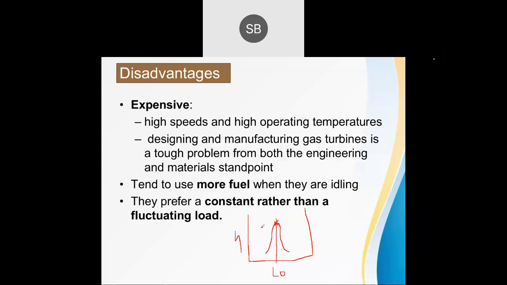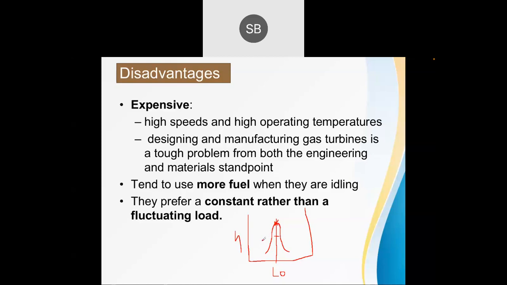The IC engine does not have that much variation of efficiency with respect to load. The efficiency of an IC engine is less when compared to the gas turbine power plant, which has nearly 35%, maximum 35% achieved.